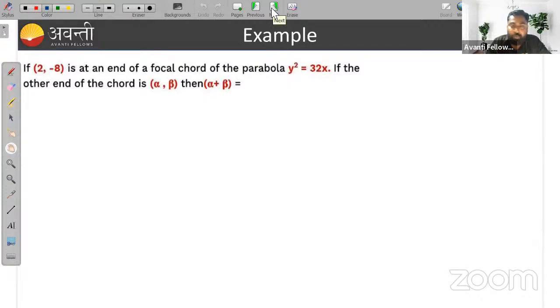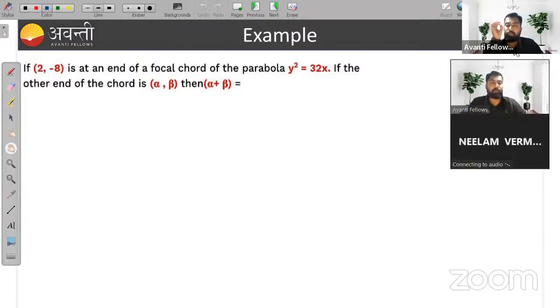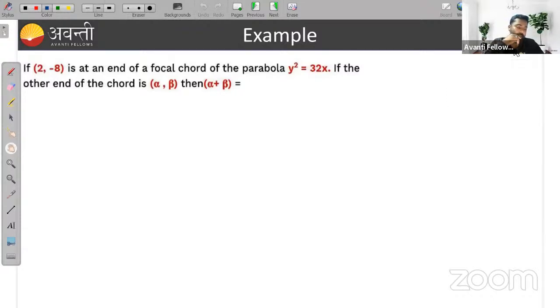If 2, minus 8 is at an end of a focal chord of the parabola y square is equal to 32x, draw the figure first.